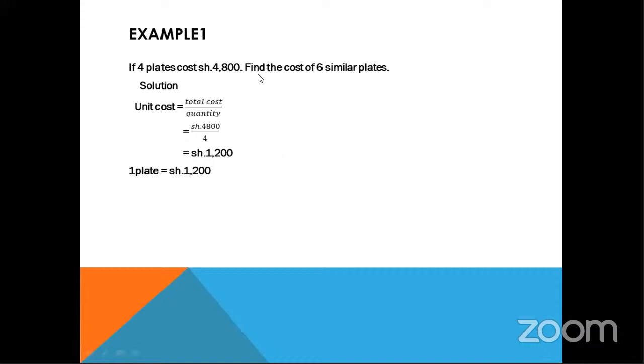If they tell you 1 plate is 1,200, how about 6 plates? Then you multiply 6 plates times 1,200 shillings, and this is what we have got, 7,200 shillings. Good.